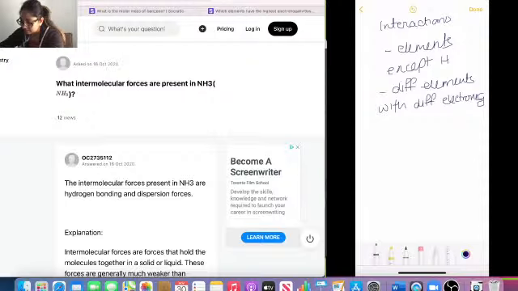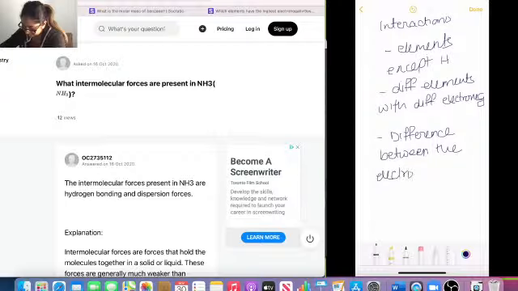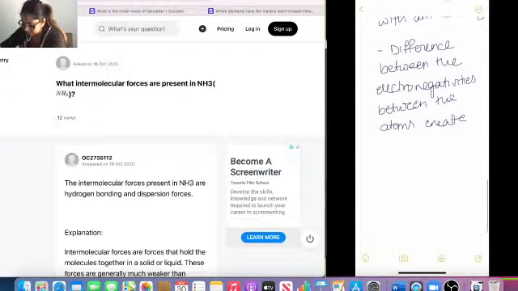Okay, and so what you can say here is that the difference between the electronegativity of the atoms creates partial charges also, right?